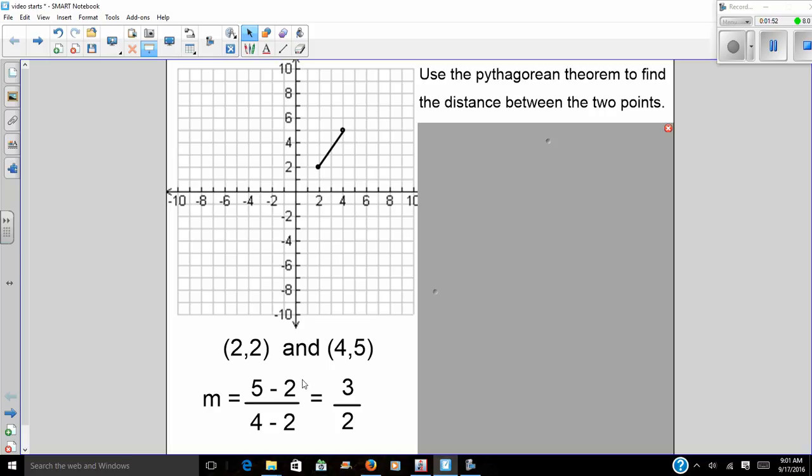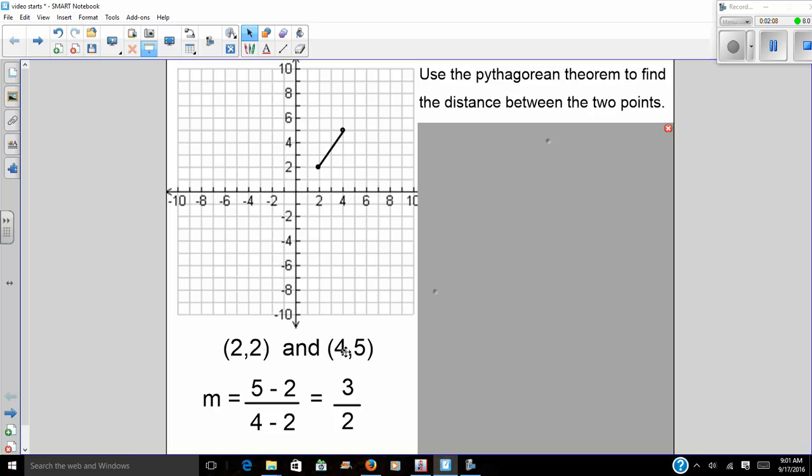Okay, so down here I've mapped that out using the slope formula. I chose to use the second point as x and y1 and the first point as x and y2 so that I wouldn't end up with any negative numbers.